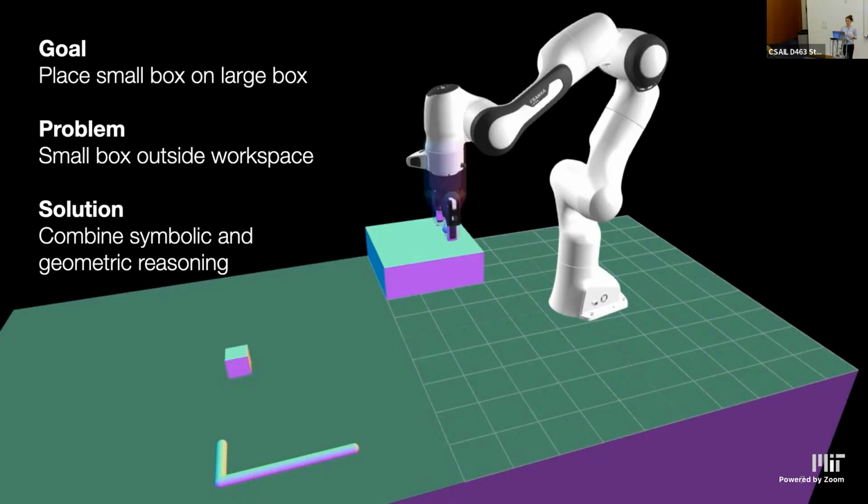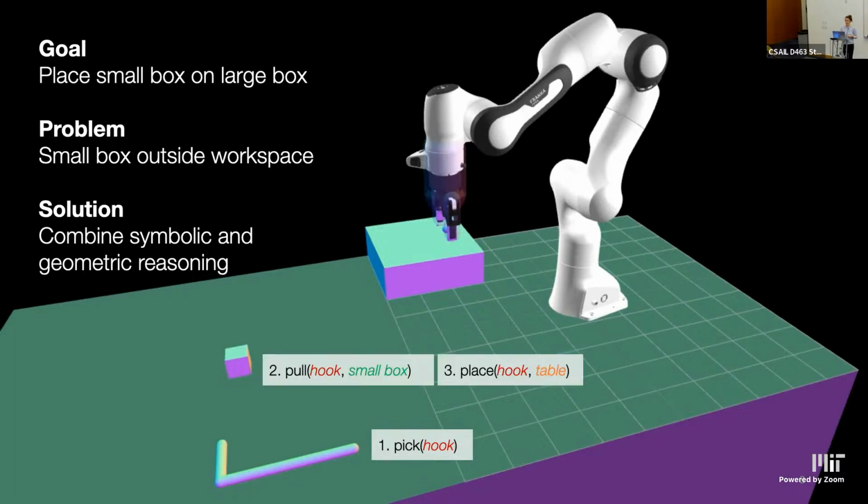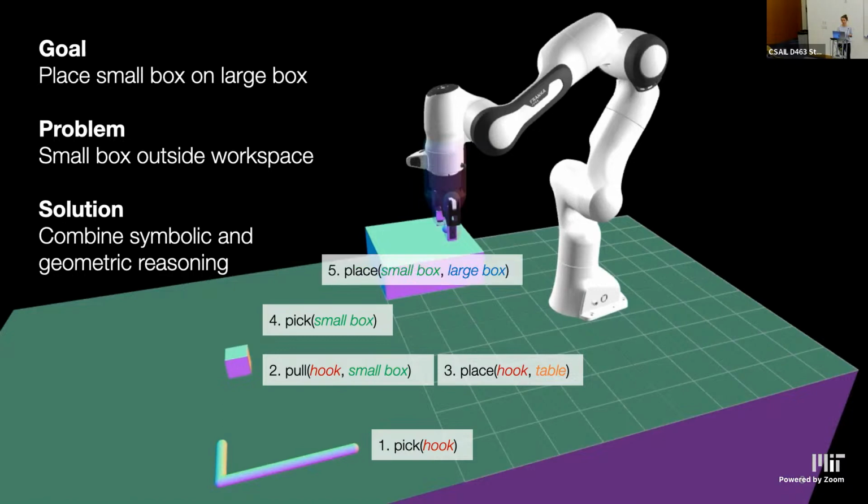So the plan the task planner should come up with is to first pick up the hook, then pull the small box closer with the hook, place the hook on the table, pick up the small box, and then place it. That's the task plan, and then motion planning needs to find the geometric details, such as where to grasp the hook exactly, how close to pull the small box, and so on, so that we have a concrete trajectory that the robot can actually execute.